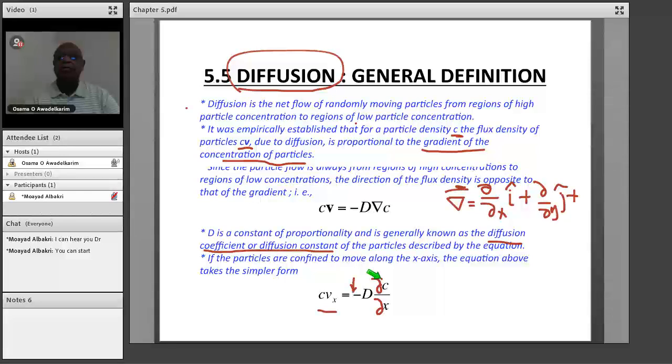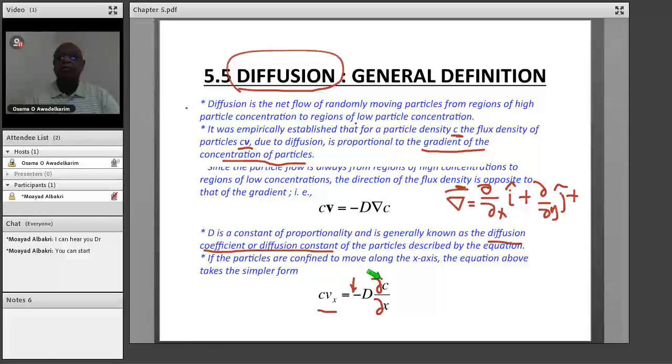If you just have a green paint or a green ink, a drop of green ink, you drop it in a cup of water, which is nice, clean water, then this green ink dot would diffuse. You will see it diffusing in the glass container of water, diffusing from this spot all the way, filling up all the glass water.